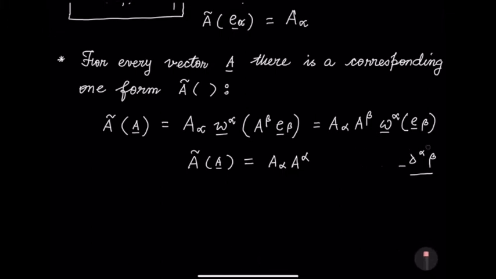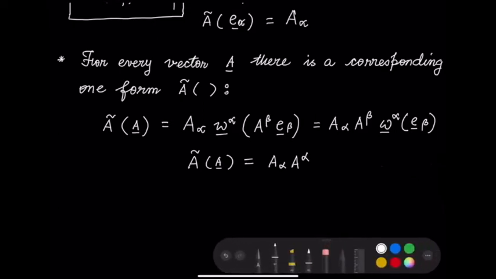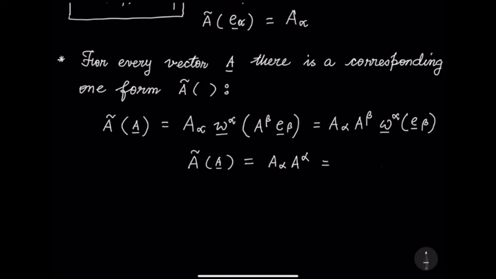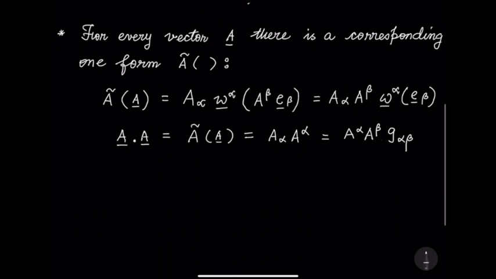I will not keep this here. But I will remind you that the same result I could have gotten if I had written A_alpha A_beta g^alpha beta, which is the same scalar. So by doing this, we are getting nothing but A dot A, and it also gives us a nice property of the metric, which we will come to.